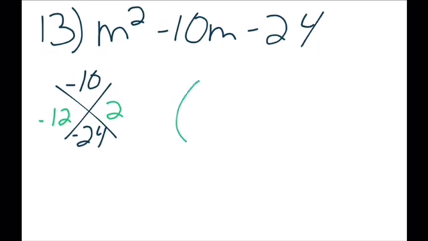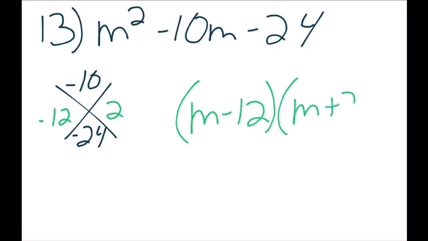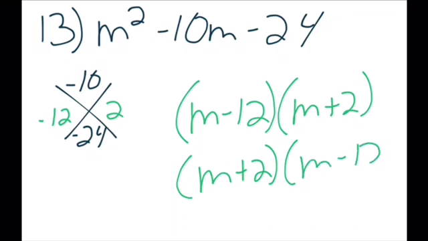So my answer number 13 is m subtract 12 times m plus 2, or you could say m plus 2 times m subtract 12. And we can see that negative 12 plus 2 is a negative 10, and negative 12 times 2 is a negative 24.